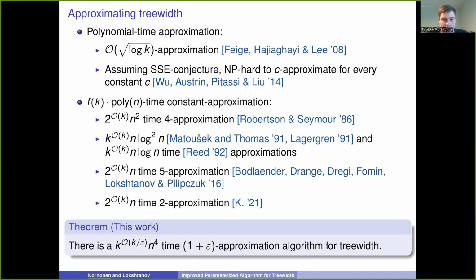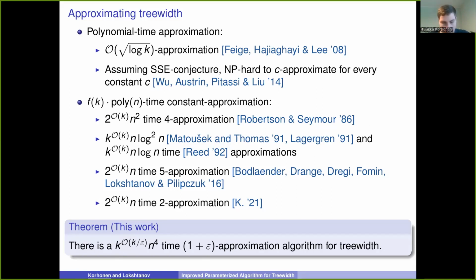And this epsilon is an arbitrary input, so you can set epsilon to be 1 over k. Then you actually get an exact algorithm, which runs in k to the O of k squared. So it's almost as good as our exact algorithm from the previous slide, with only a log k difference in the exponent.